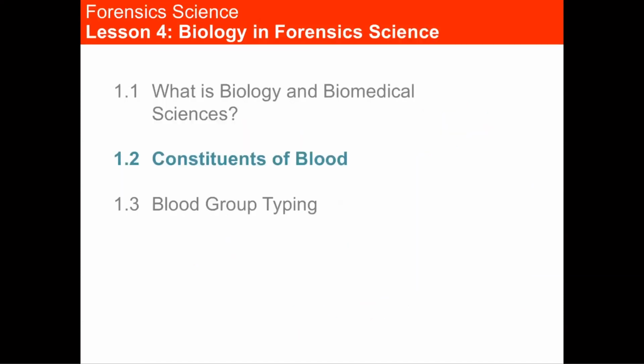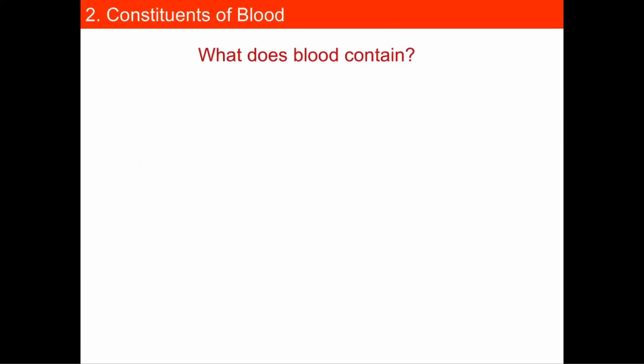Okay, so now that we have gone through a very brief introduction on what biology is and what biomedical sciences are, we will now move on to the next section, which is the constituents of blood. Because blood is one of the main topics that we are going to go through for this entire module, and there will even be an experiment that we'll be conducting once we come for the third lesson, right?